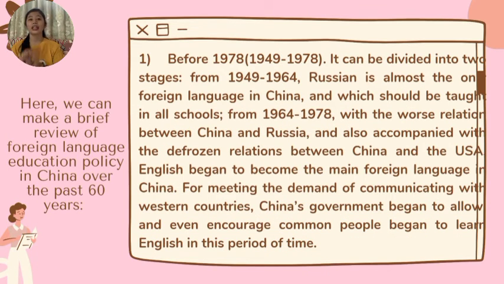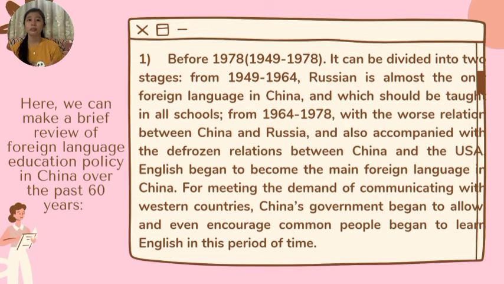Here we can make a brief review of foreign language education policy in China over the past 60 years. First, before 1978, from 1949 to 1978, it can be divided into two stages. From 1949 to 1964, Russian was almost the only foreign language in China, and it was taught in all schools.